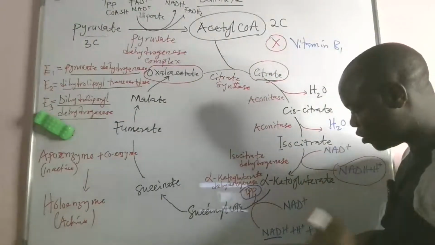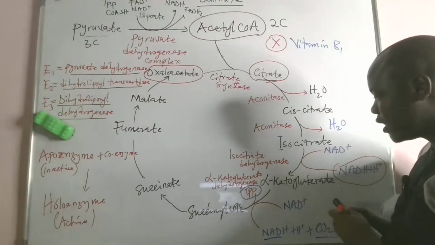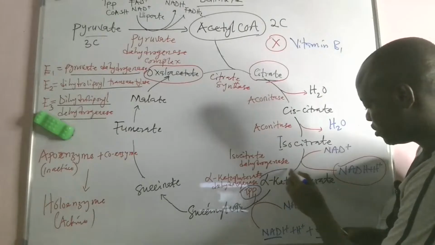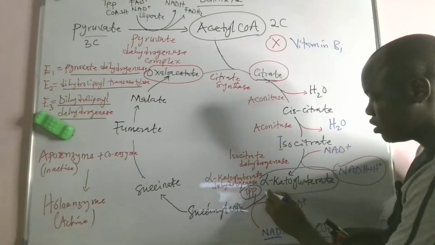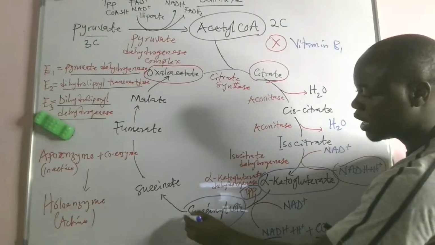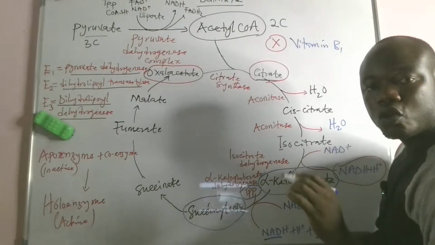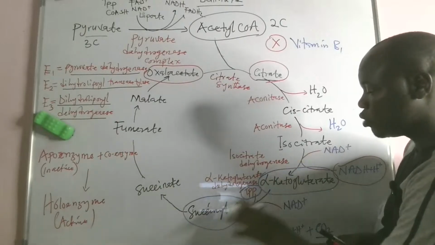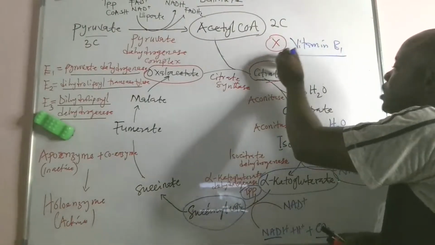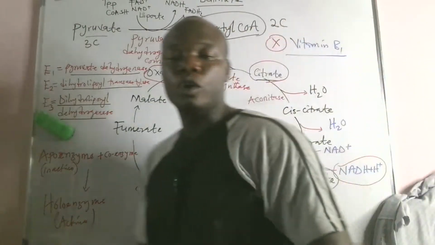The question now is, do you think that alpha ketoglutarate will be converted into succinyl-CoA if there is deficiency of vitamin B1 in the body of an individual?